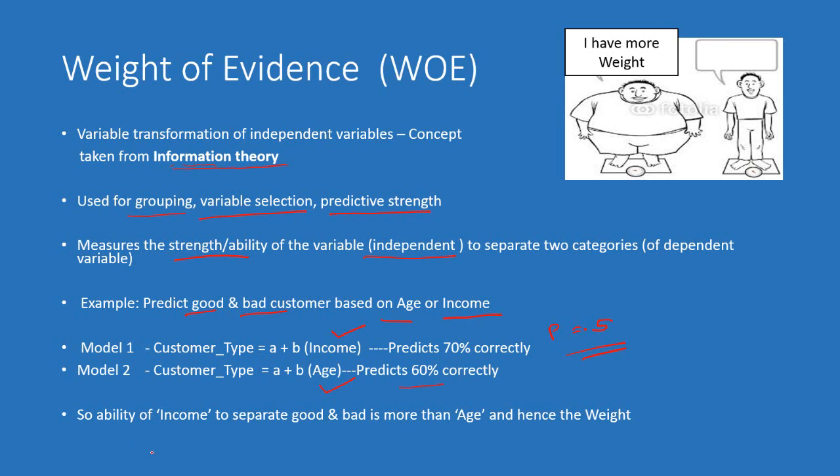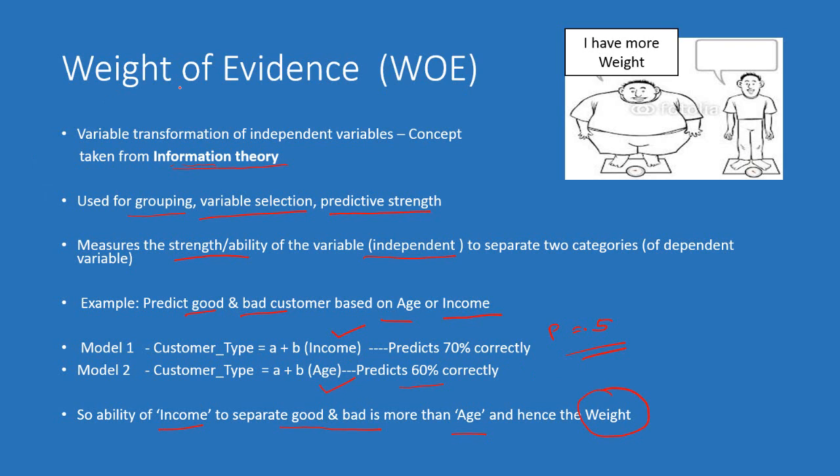What we can say is that the ability of the independent variable income to separate good and bad is more than that of the independent variable age. Hence the weight that we can give to the variable income will be much more than the weight that we can give to the variable age when we use these two variables in the same model.